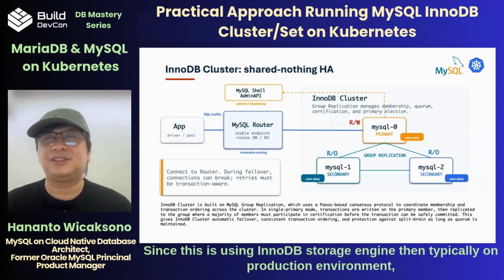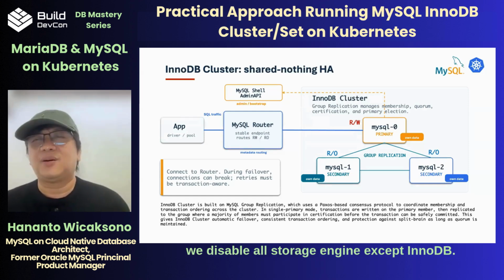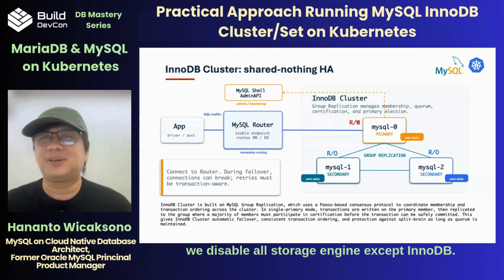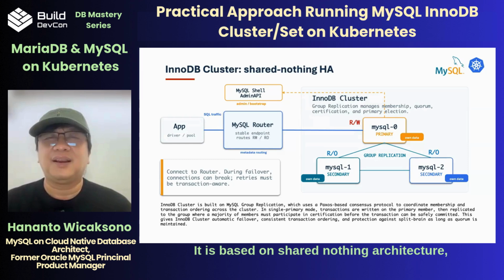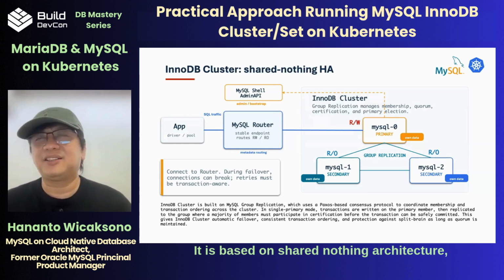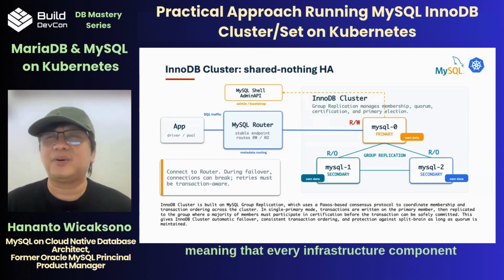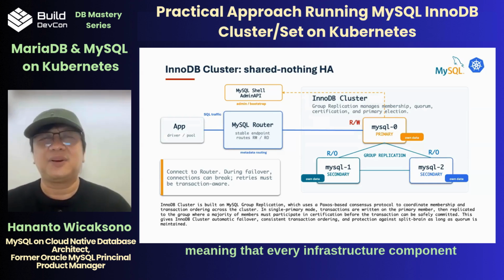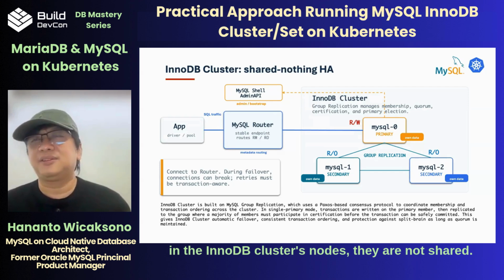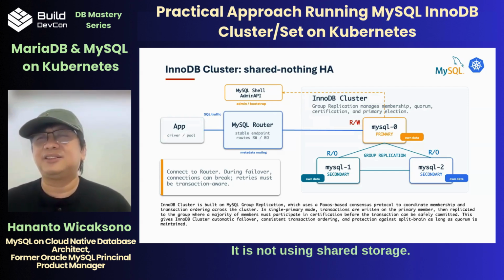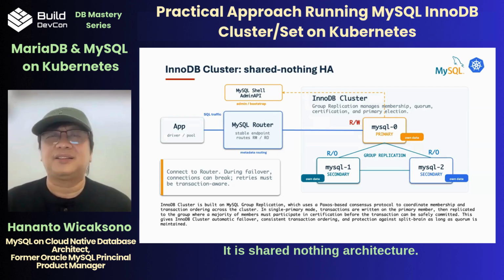Since this is using the InnoDB storage engine, typically in a production environment we disable all storage engines except InnoDB. And it is based on a shared nothing architecture, meaning that every infrastructure component in the InnoDB cluster nodes is not shared. It is not using shared storage. It is a shared nothing architecture.